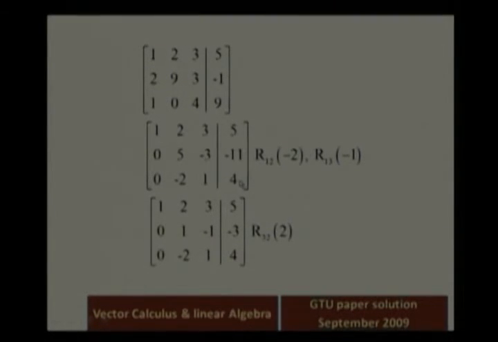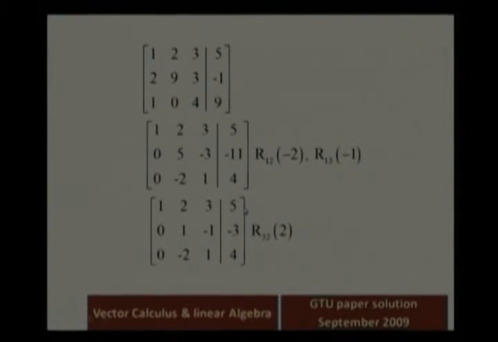Okay, next process, we multiply the third row by 2 and add it to the second row. That's why we make a 1 here, right? We want the leading entry to be 1, so we multiply the third row by 2 and add it to the second row.